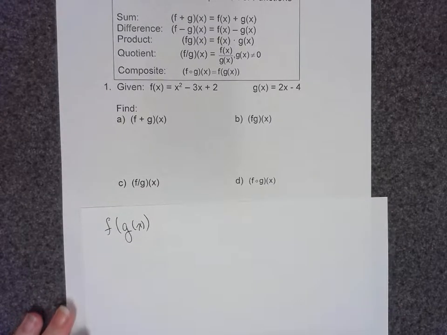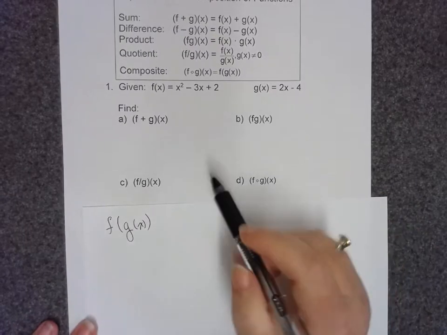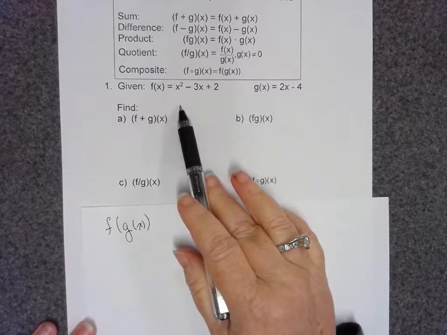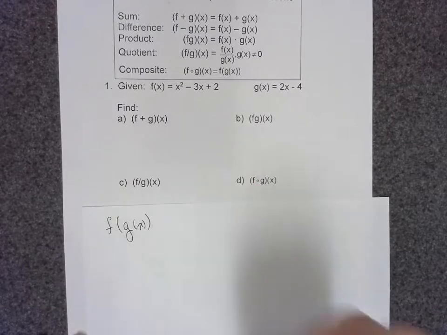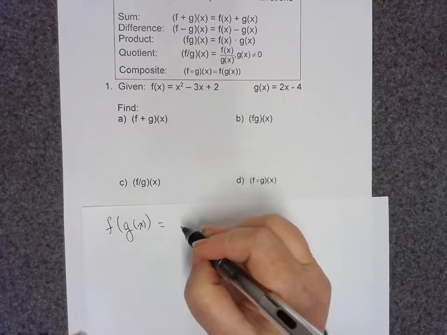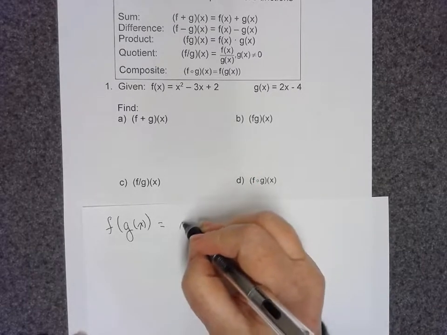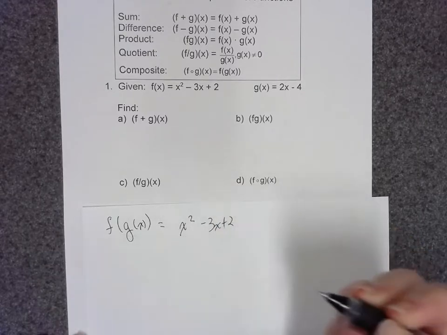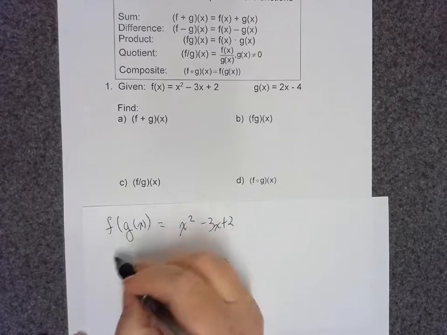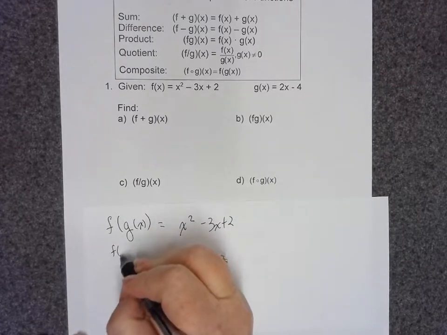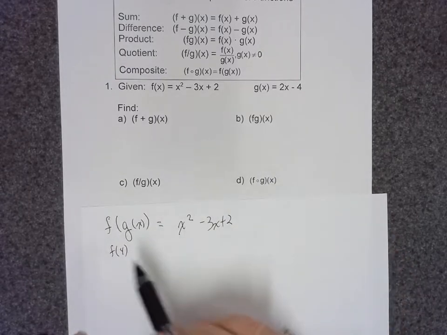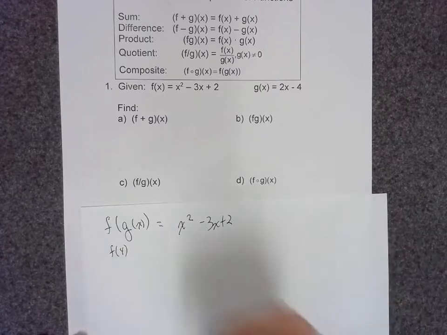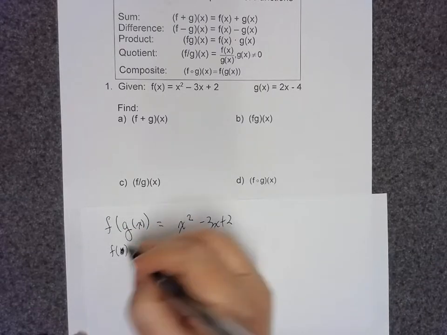So what that means is that in our function f of x, x squared minus 3x plus 2, normally if you had something like f of 4, everywhere you saw an x you would put in a 4. Well, we don't have that. We instead have g of x.